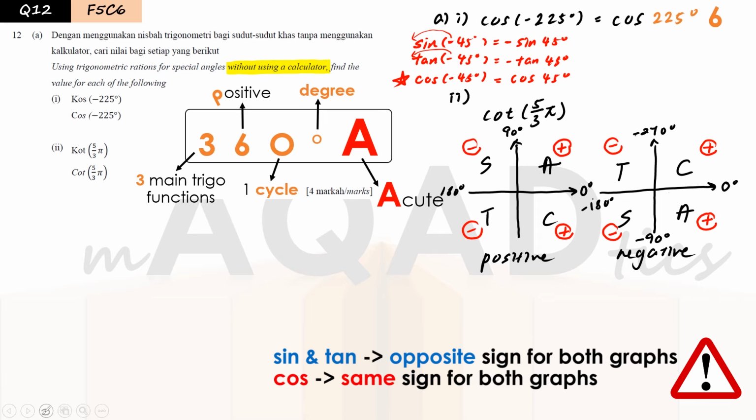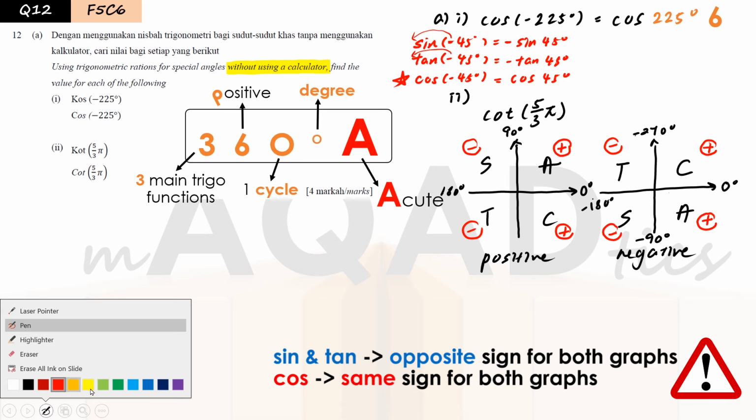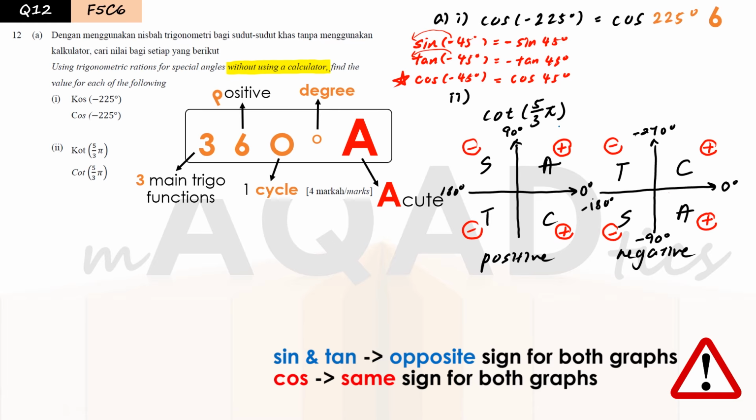So if we look at other functions, for example sine, A will be positive, S will be positive also, but for T and C it's negative, right? So let us use the same technique when we compare.